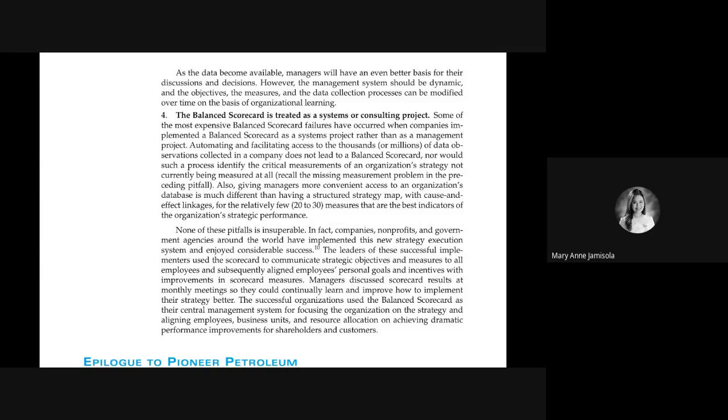So if dili man siya nato buhaton on a continuous basis, we just treat it as a project that has a specific start date and end date, then it defeats the purpose of having it as part of our performance management system.